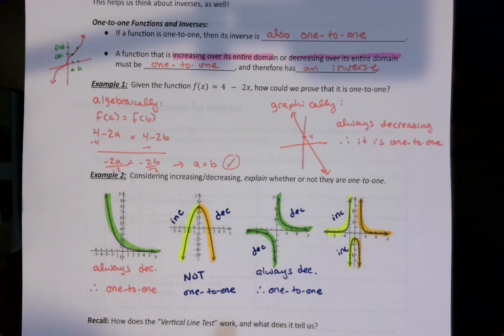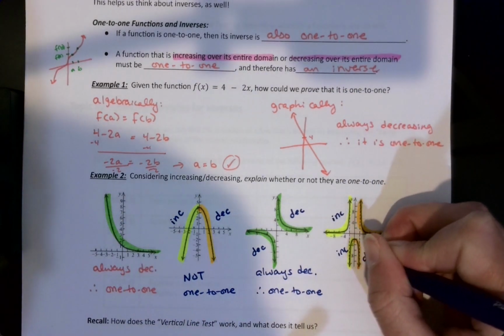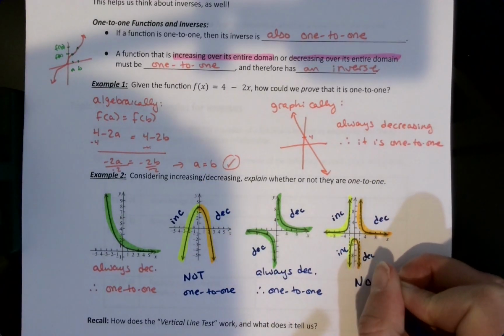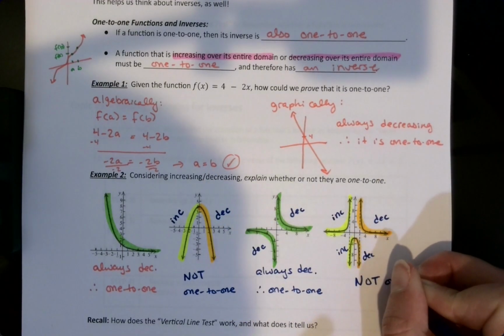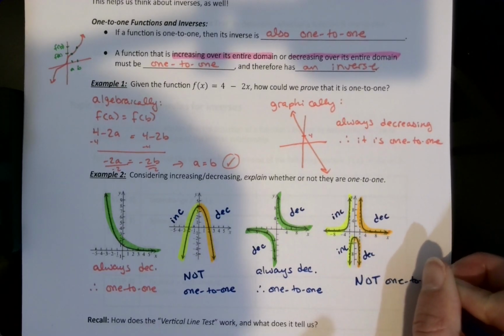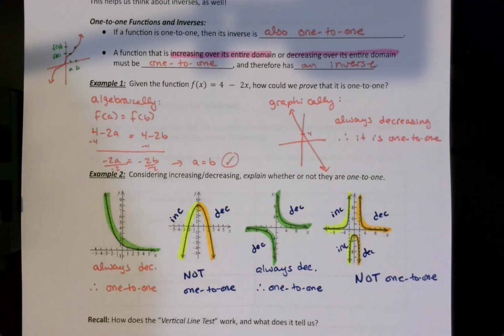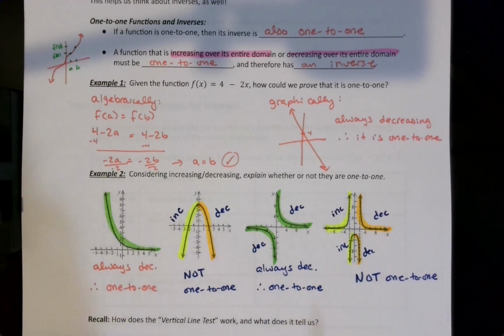Increase, increase, decrease, decrease. So again, we are not 1 to 1. So a little bit of variety and a couple different graphs here to show some examples of functions that are and are not 1 to 1.